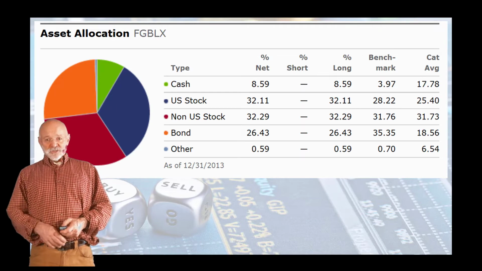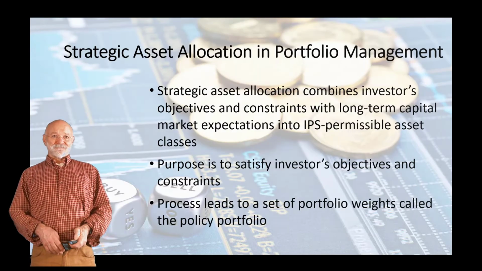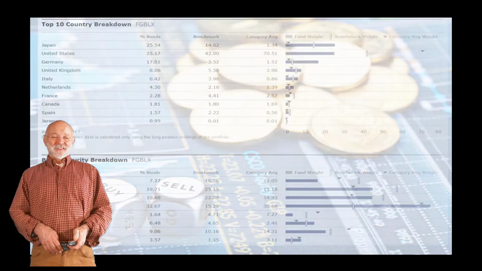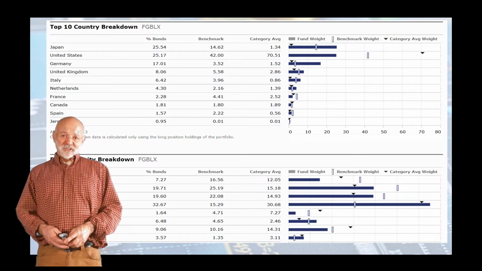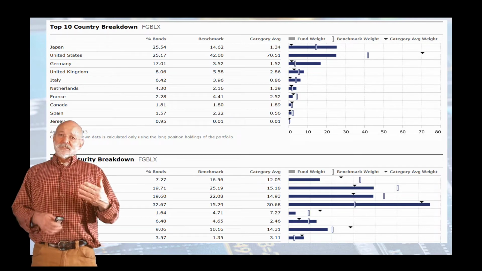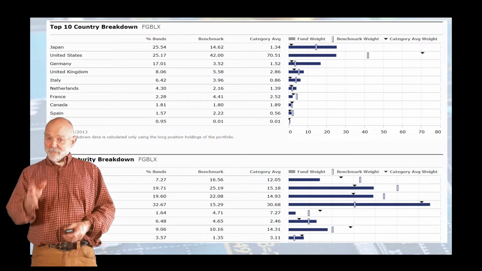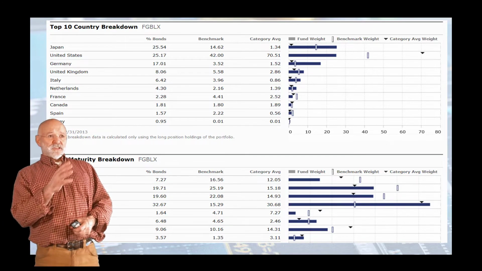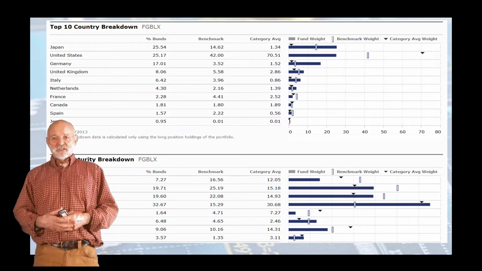You can also see, as you look further down in the report, that they give us some more information. It's a little bit hard to read all of this detail on a slide like this, but you can see they give us a breakdown of the different countries in which they've invested. Remember, this is a global fund, so they're invested in Japan, Germany, United Kingdom, Italy, Netherlands, France, Canada, and so on.